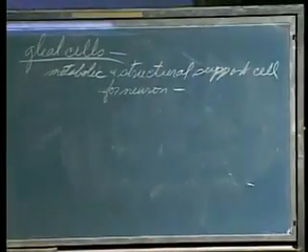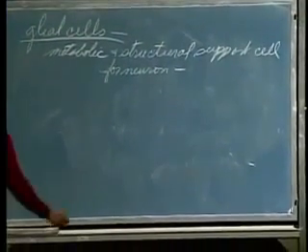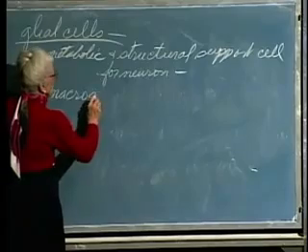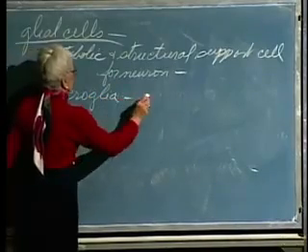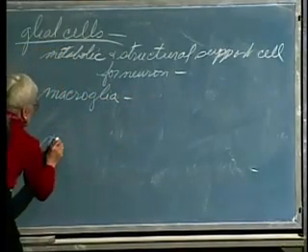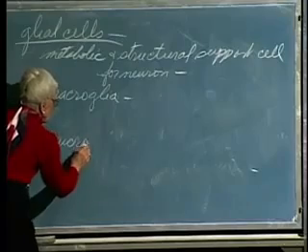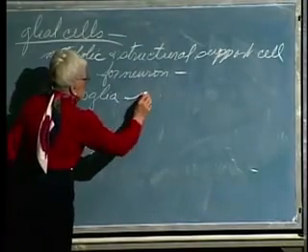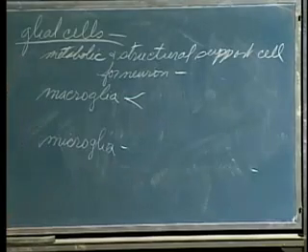There are what we call macroglia, large macroglia, and microglia. Types of macroglia will be astrocytes.